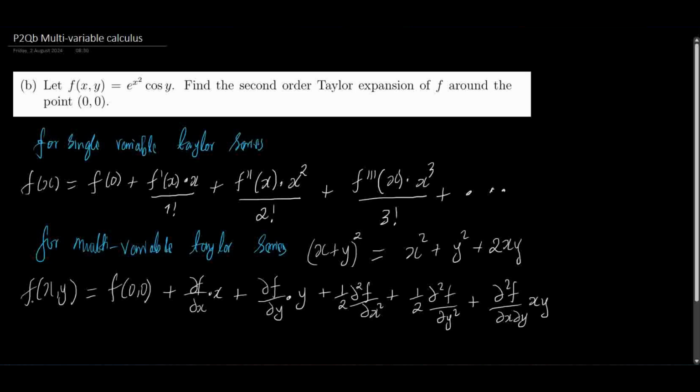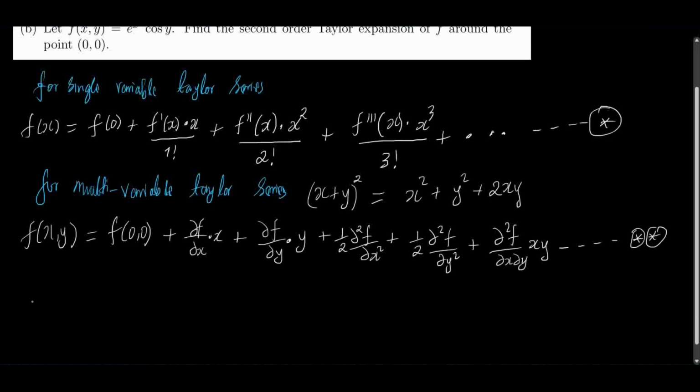So this is all we need to know. You need to know this formula. So what you need to do is simply to calculate the different terms and substitute, and that will be your solution.